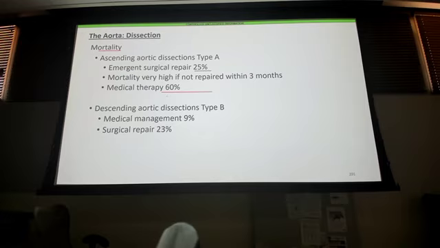So you have a much higher mortality rate with medical therapy in a type A. Compare that to type B, where if I treat them with surgery, they have the same mortality risk, but when I try to treat them medically, that risk is much, much lower than it is even in the surgery group. So now that risk-benefit ratio is very different, and it tends toward medical management for them.